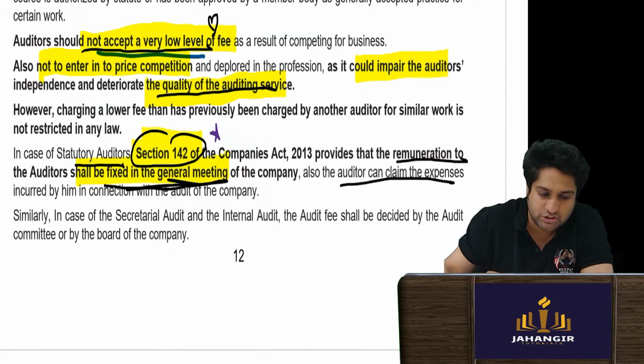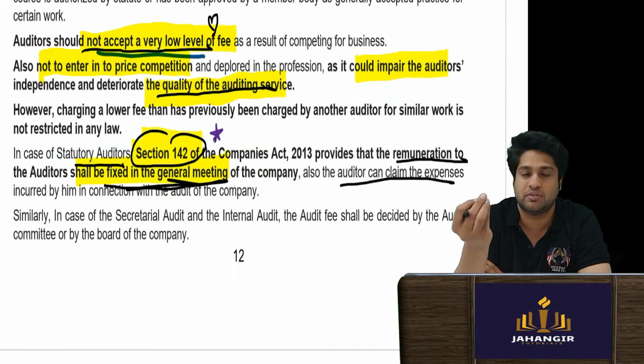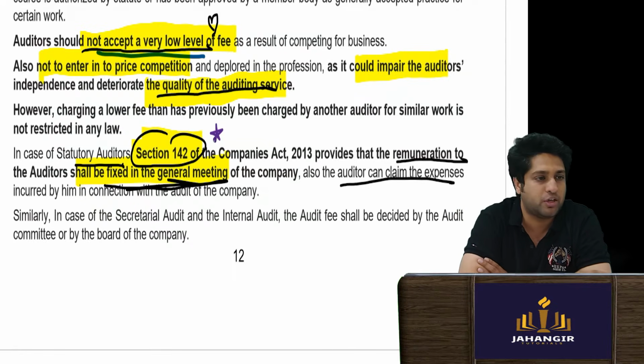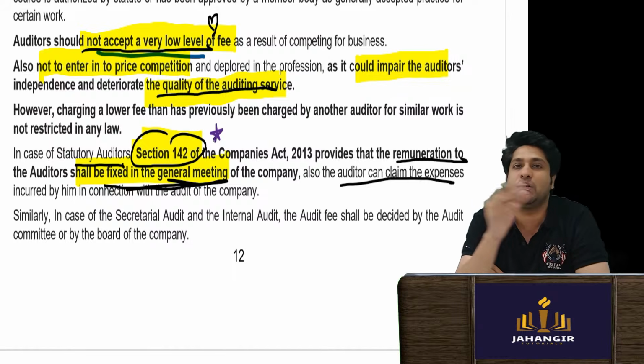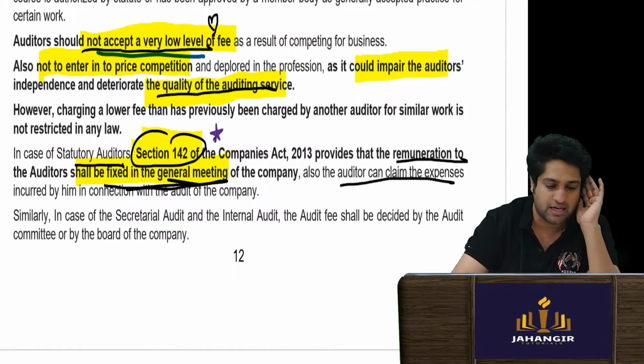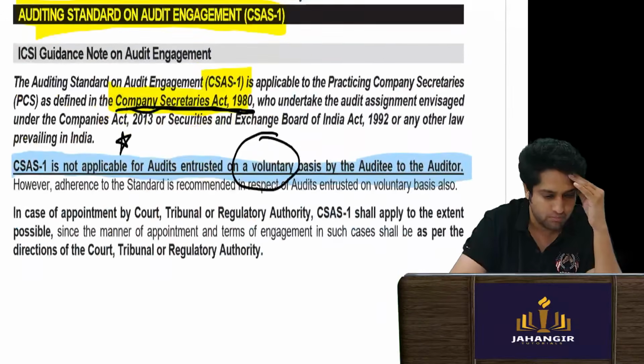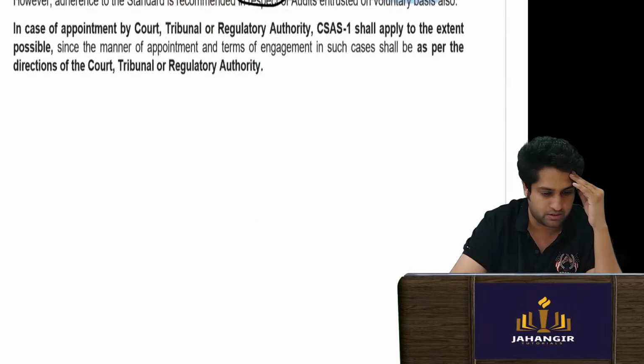Now the section with respect to remuneration is covered under section 142. The remuneration of the auditor is covered under section 142 and is fixed at the general meeting. Very simple.